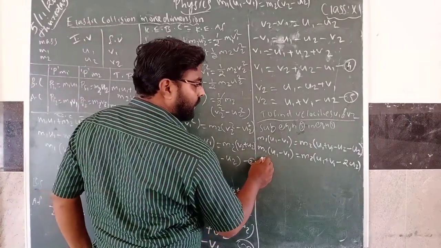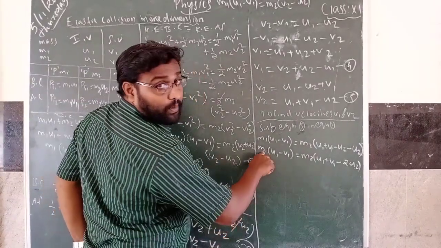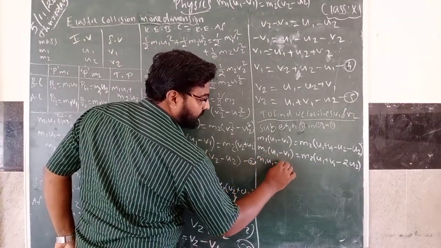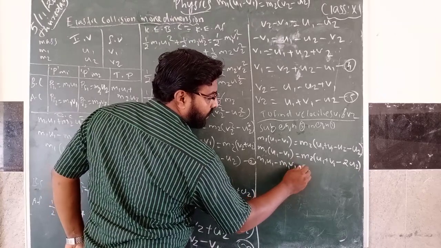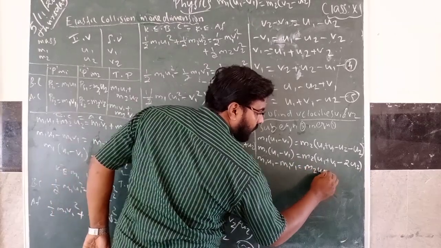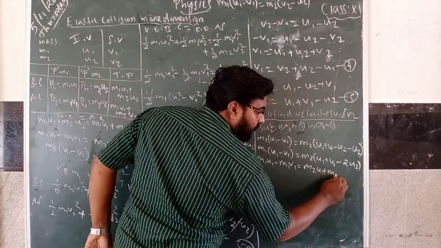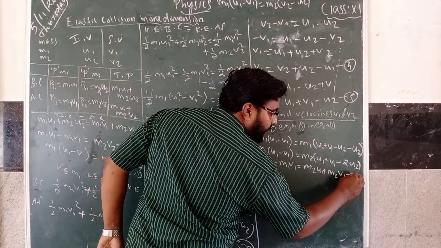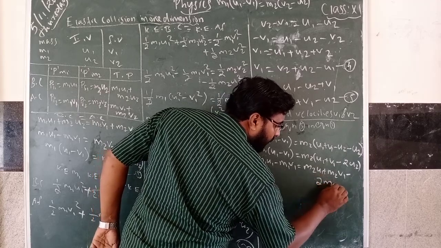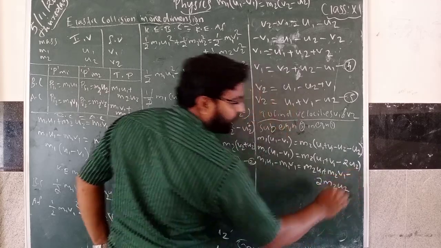Now multiply m1 inside: m1 u1 minus m1 v1 equal to m2 u1 plus m2 v1 minus 2 m2 u2.